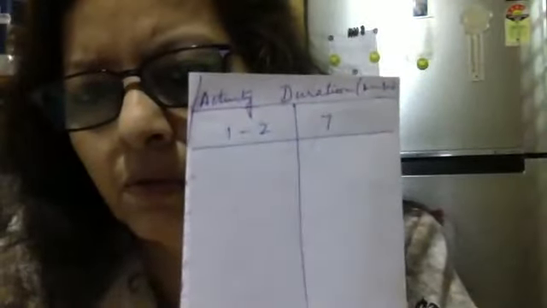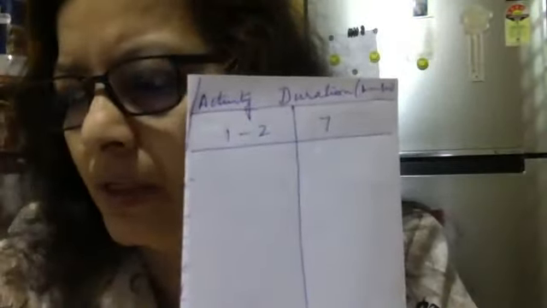Are you ready? Okay. The activity will be, write down 1 to 2 and the duration is 7. Next, you have 1 to 3, for the duration for this is 5.